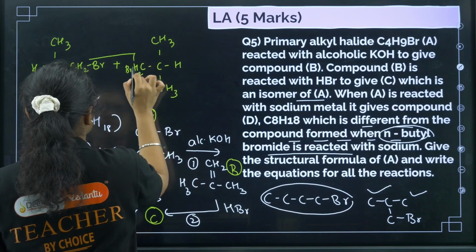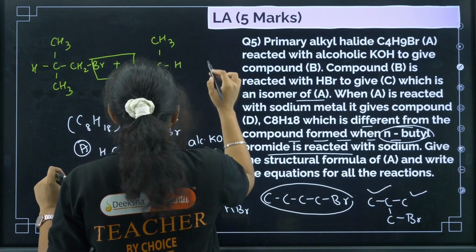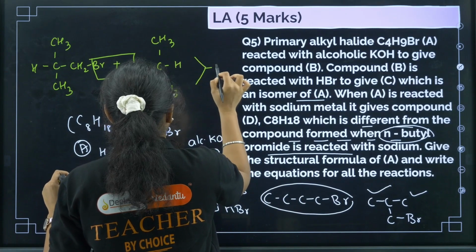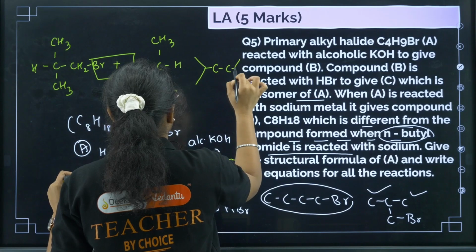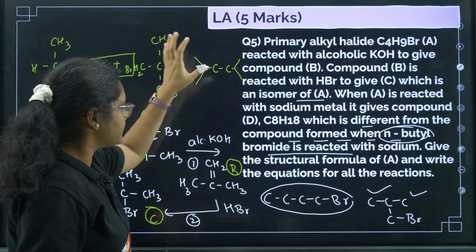In the presence of sodium, what will happen? The halogens will go and these two compounds will react, so it will be like this. We will get this particular compound. Okay, this is your D.